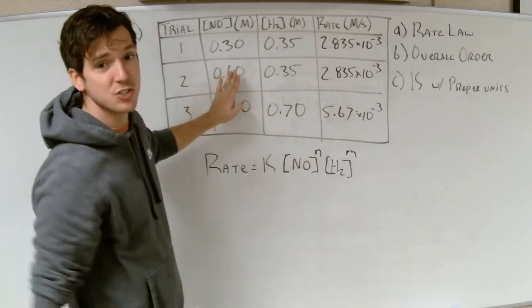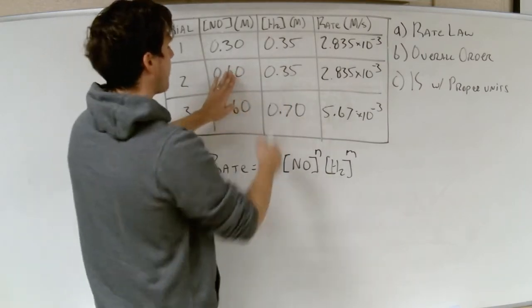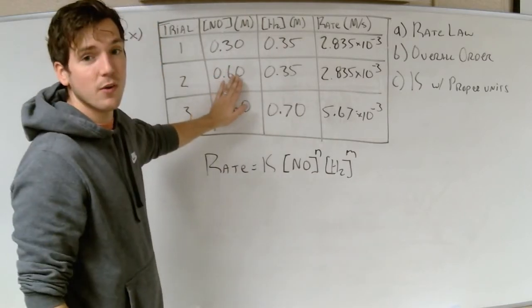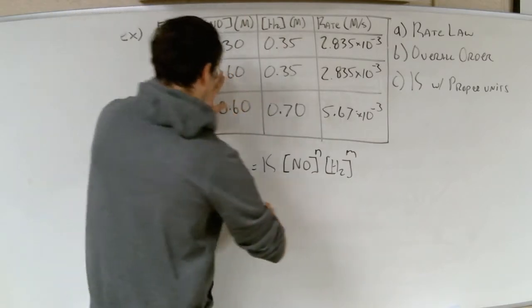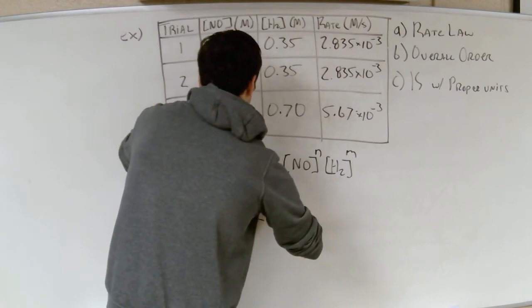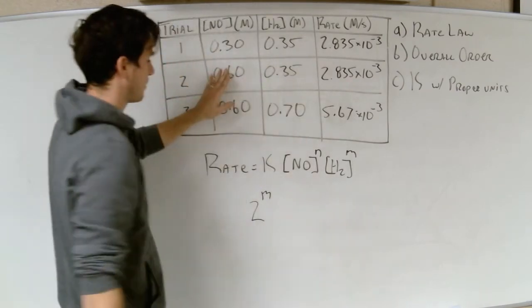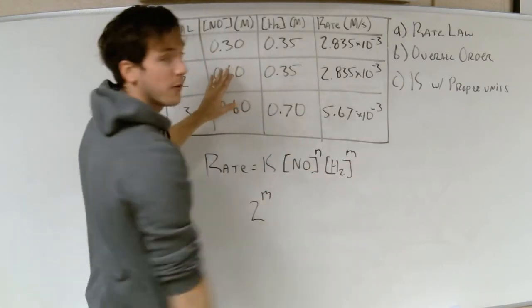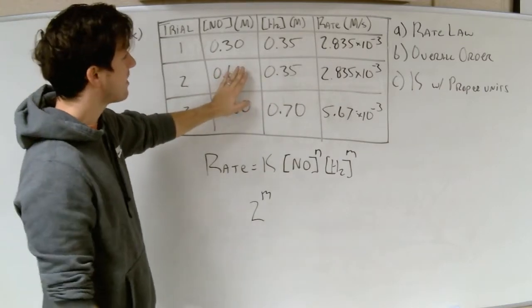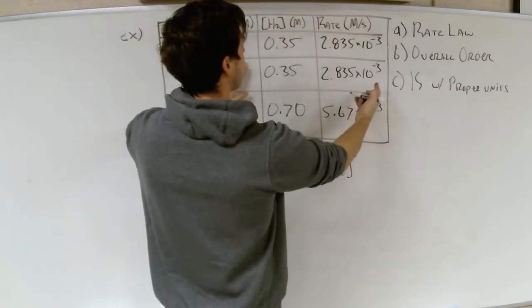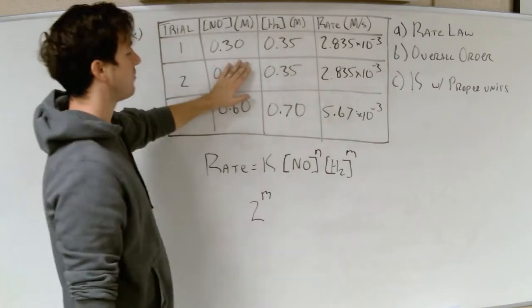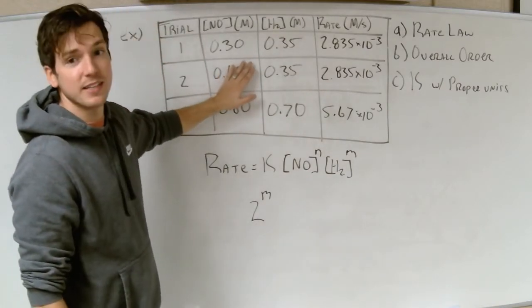So if we're looking at H2 here, we see that it went from 0.35 to 0.70. So this concentration doubled. And since we're dealing with H2, I'm trying to find exponent M. And during that time, the rate went from 2.835 times 10 to the negative third to 5.67 times 10 to the negative third.